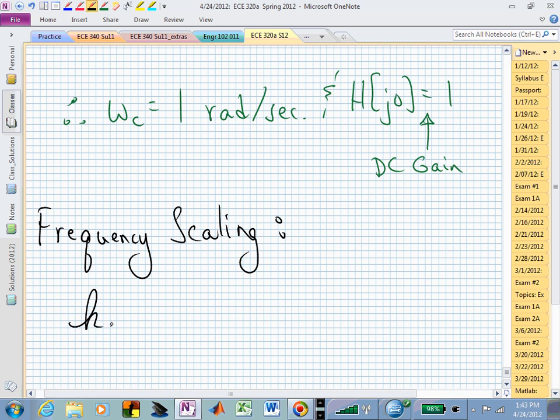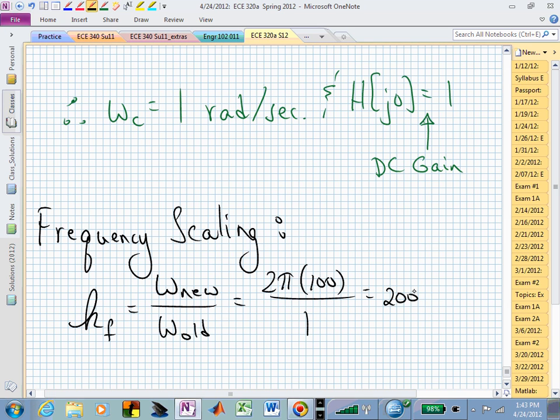So I need to find this K sub F, which is really omega new over omega old. What's omega new? That's new, not the Greek letter nu. So this is 2 pi times whatever our cutoff frequency was, which was 100. And our old was 1. So now we know that we have 200 pi.